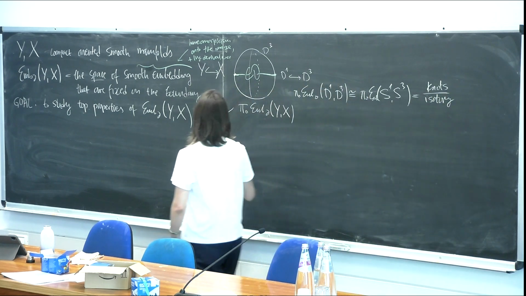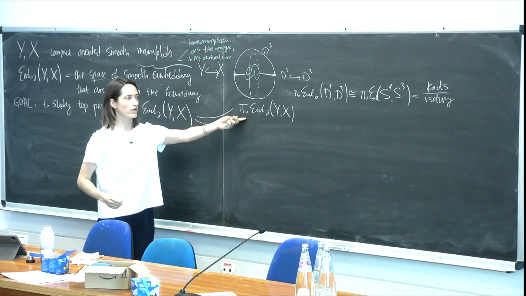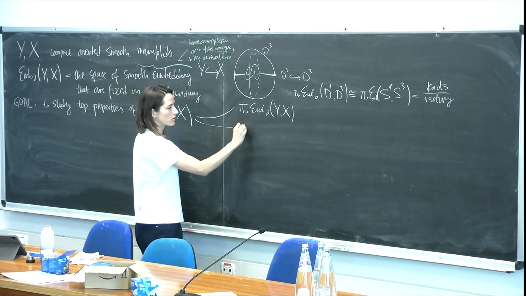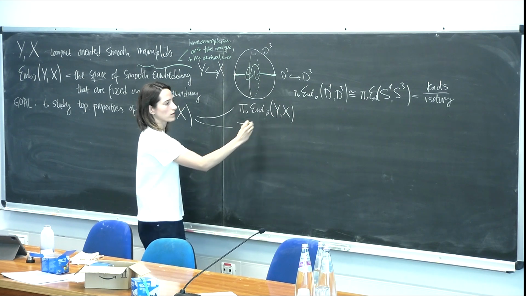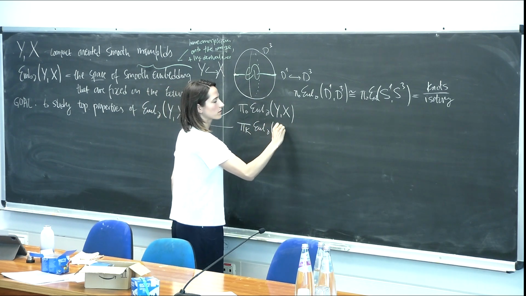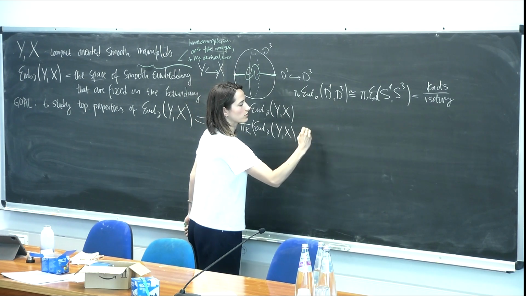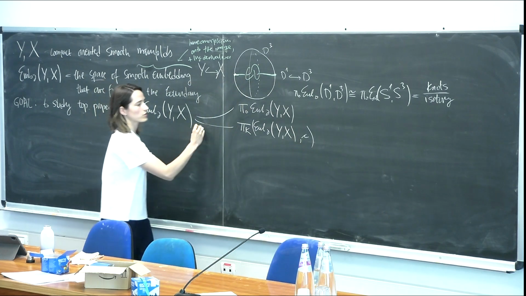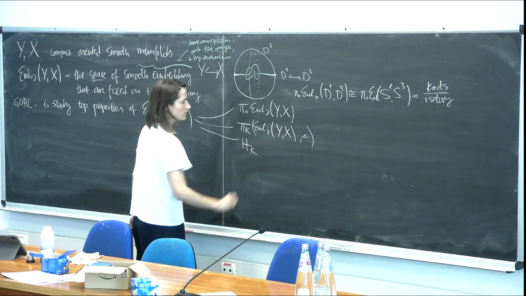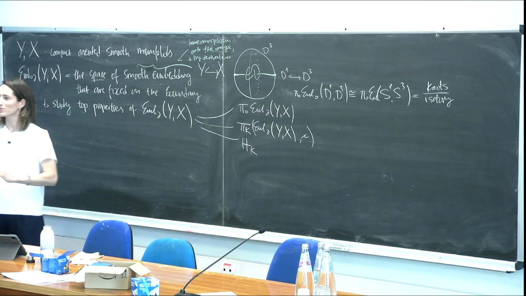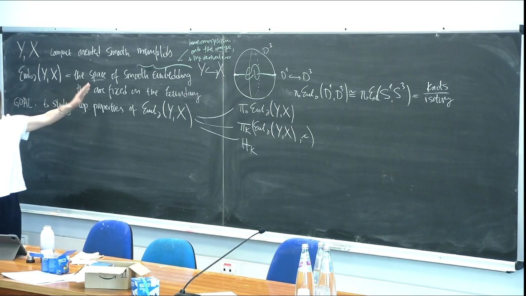But now you could just say, well, I can study for any manifolds Y and X, maybe connected components of this, or why not also higher homotopy groups, maybe the fundamental group or higher homotopy groups based at some fixed embedding, I don't know, c. Or maybe you study homology. This lecture series will not at all be about this general setting.